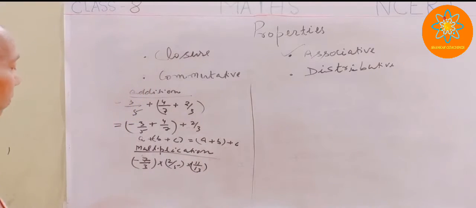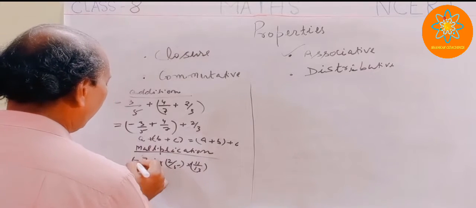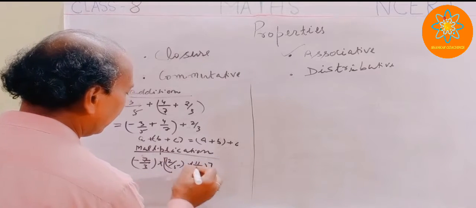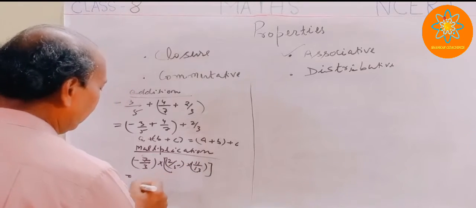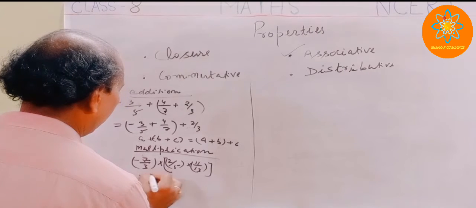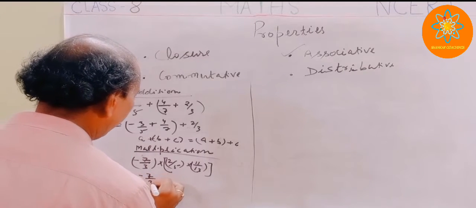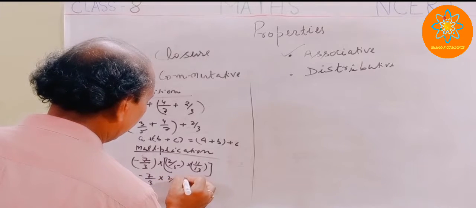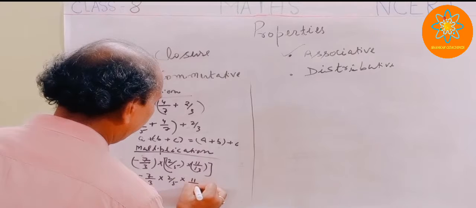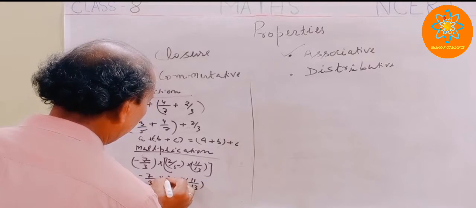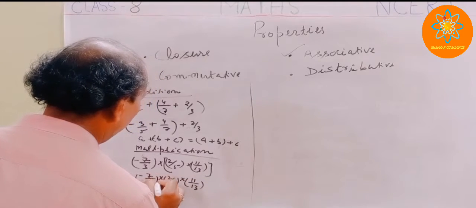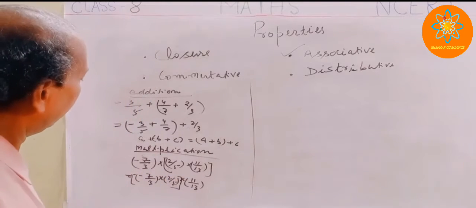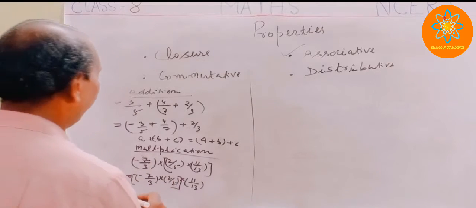We'll see that when minus 7/3 is multiplied by 2/5 and then by 11/30, we get the same value as minus 7/3 multiplied by the product of 2/5 and 11/30.